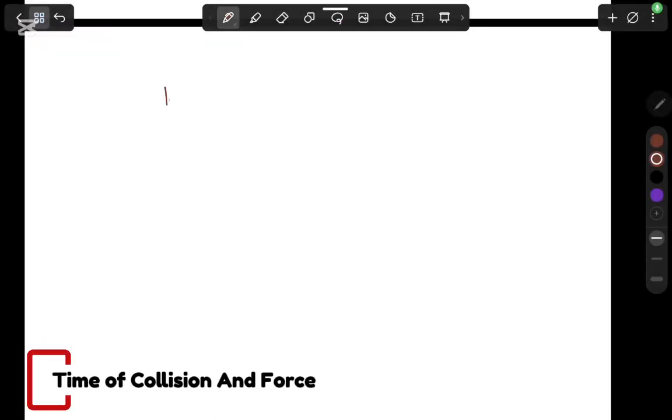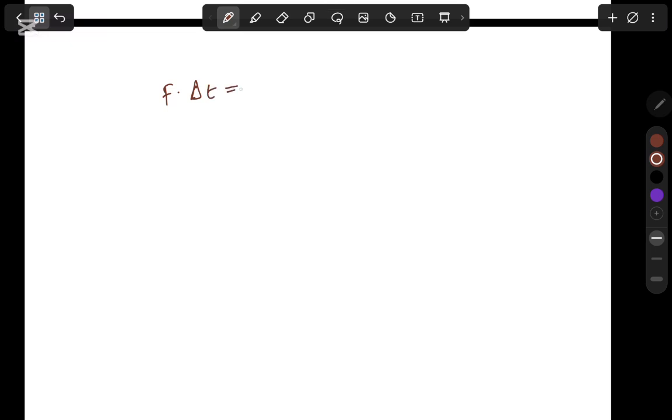I'm going to talk about the impulse, which is force times the time is equal to the change in momentum. So in many questions, they will give you, let's take a situation here. Let's take eggs, right? So we've got two eggs here. You're going to drop one egg on a piece of cloth and the other egg on a very solid, hard surface. With a piece of cloth, the impact time will be much more.